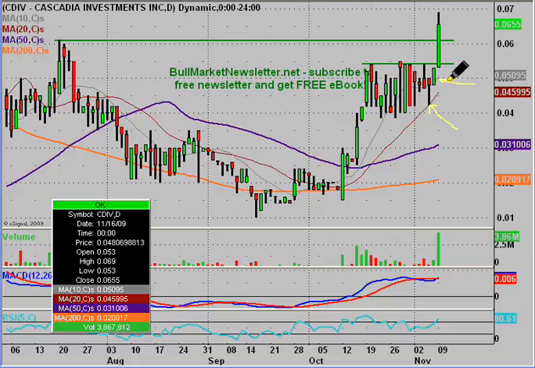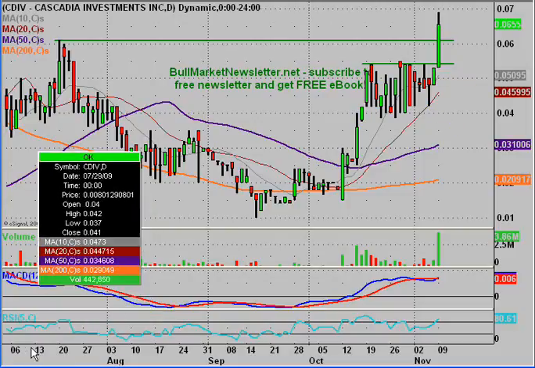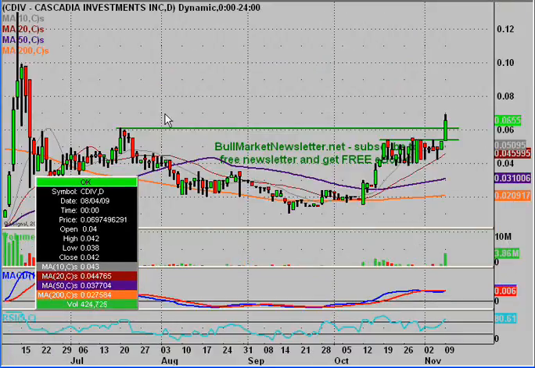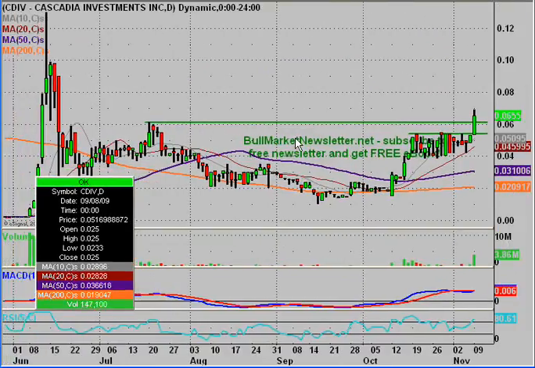These provide support. So besides these two static levels, we also have our moving averages that, as time increases, will continue to rise also and provide support. So needless to say, lots of support starting to shape up below the price, which is always a good thing to see.